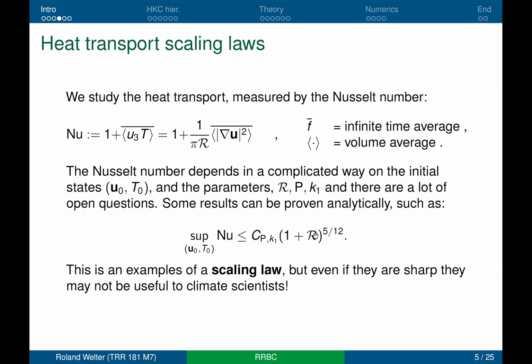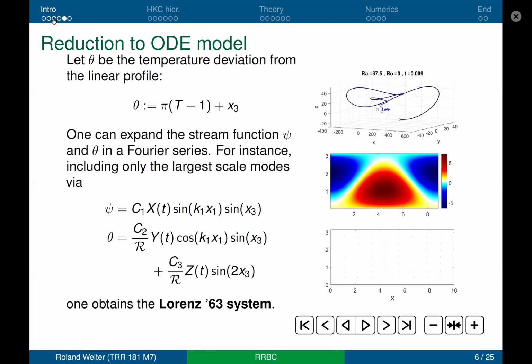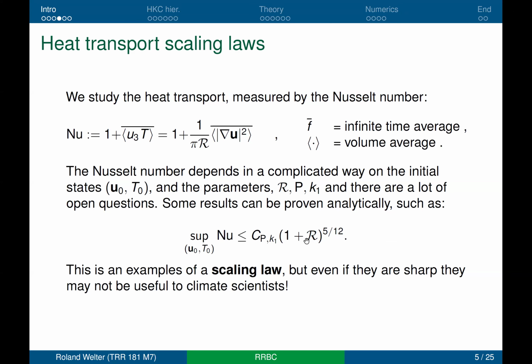This is a fairly nice result because in theory you could use it to assess whether your numerical climate model is reporting an unphysically high heat transport.